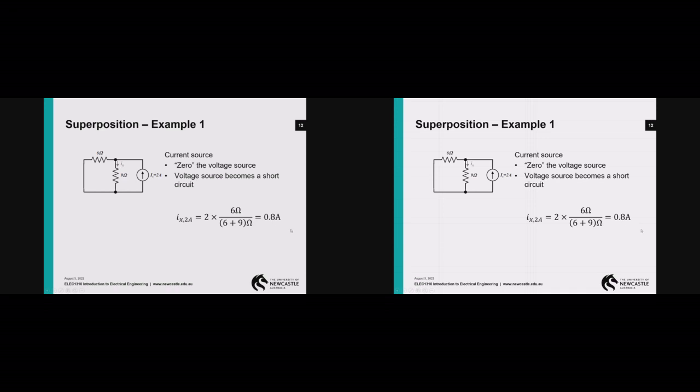So I would have 0.8 amps there. If you weren't completely confident that was a current divider, you could say, well, I've got two resistors in parallel. I could work out their equivalent resistance, multiply it by 2 to work out the voltage, then divide by 9 ohms to get the current. That would work too. Either result would work.